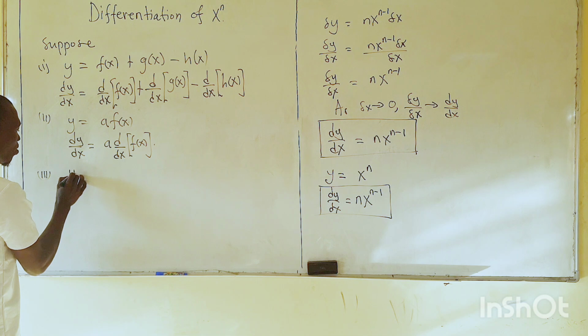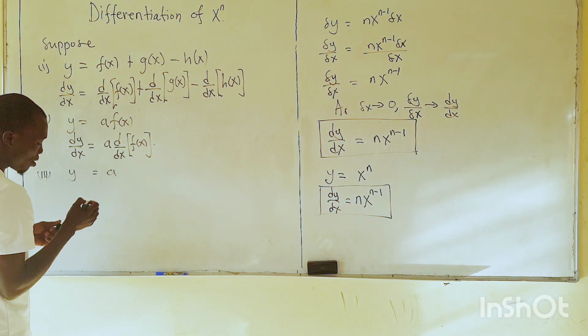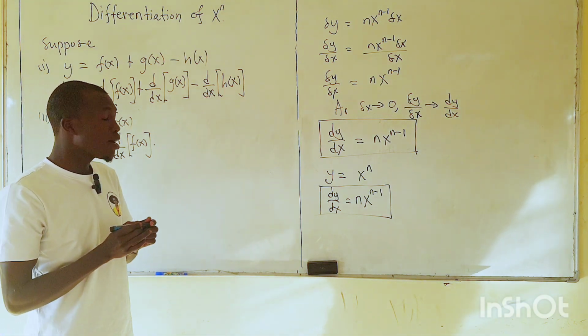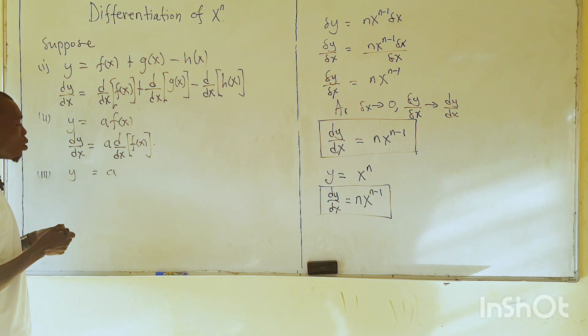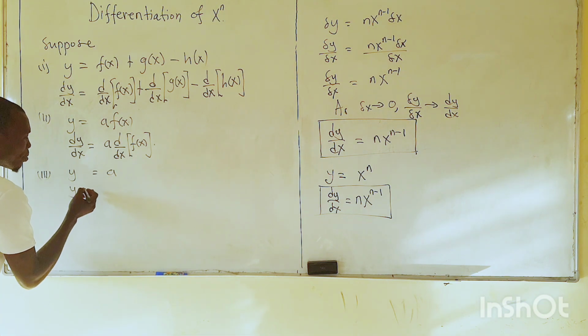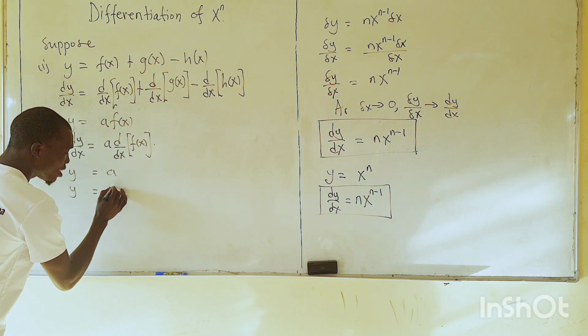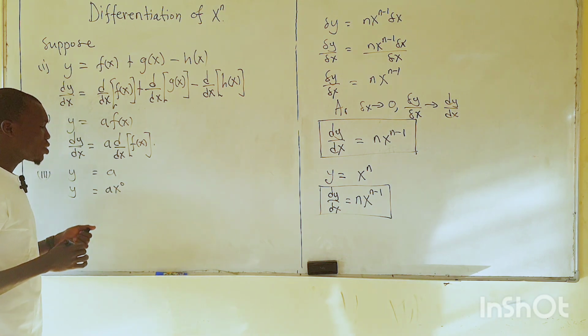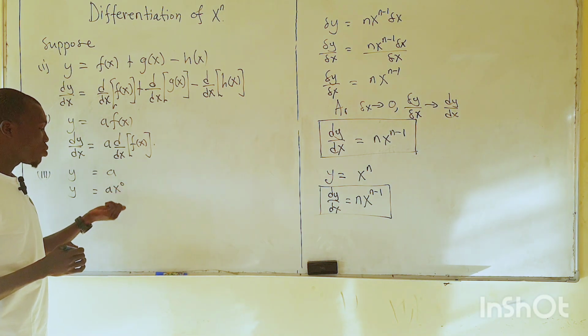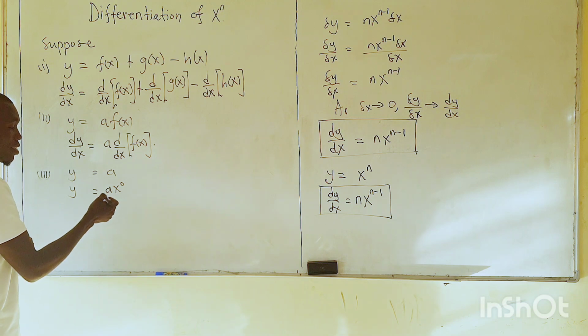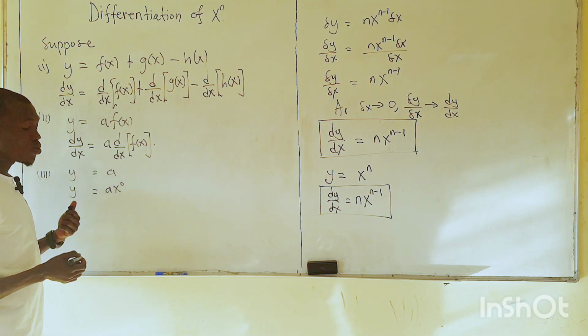The last one is when y equals a. This function can be written as a x to the power 0, because any number to the power 0 is 1.